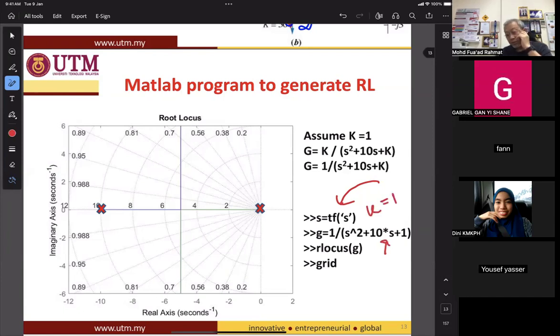And then we call the function rlocus(G) and then grid. Then we get the locus as shown here. This is your -10, and this is your origin at zeros, and this is the breakaway point.